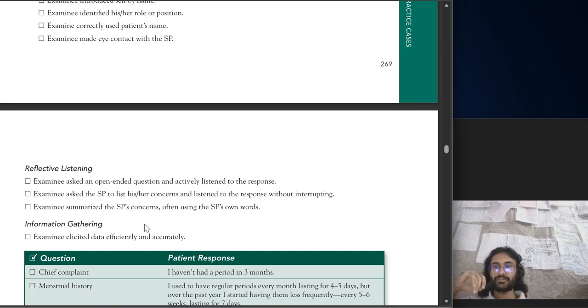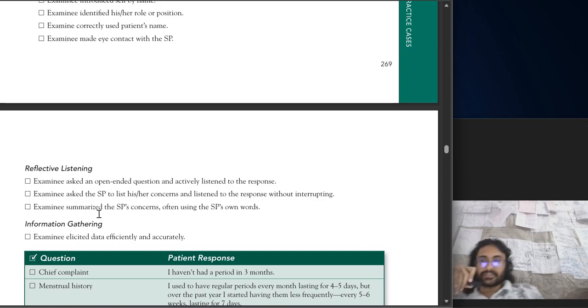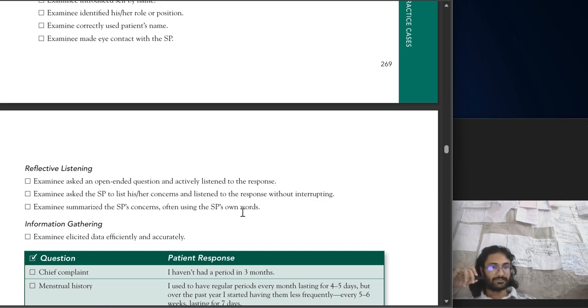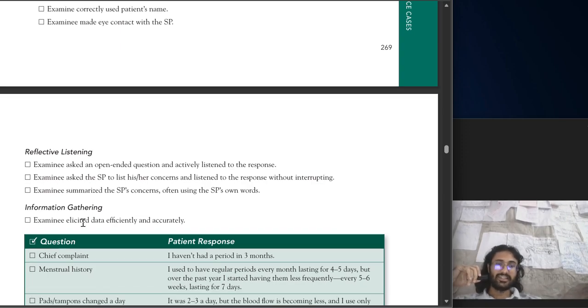The examinee asked the SP to list his or her concerns and listened without interrupting. The examinee summarized the SP's concern, often using the SP's own words. We should explain to the patient in his or her own language, in whichever language they could understand what the patient is really suffering from.